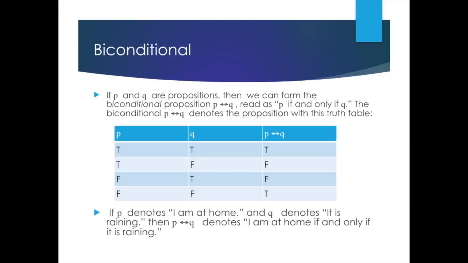If true leads to true and true takes us back to true, then the outcome is true. So true if and only if true is true. Now the second one: true gives us the outcome false, but false would not lead us to true, so the outcome is false. False leading to true? Never. You never have a false fact leading to a truth.